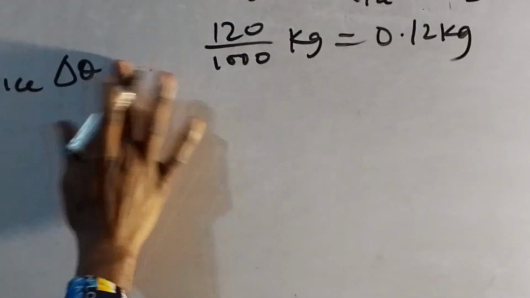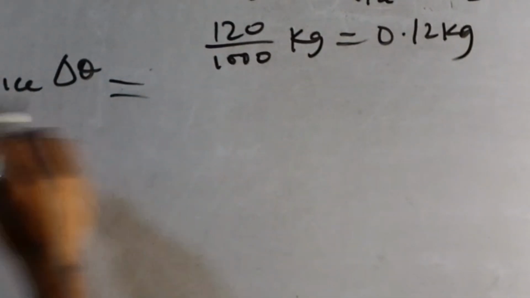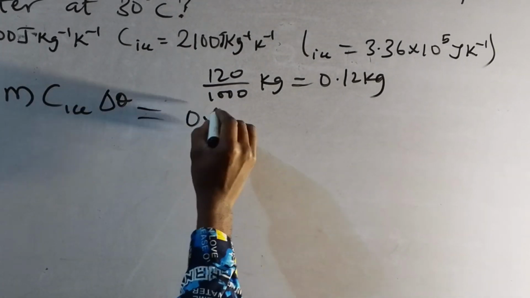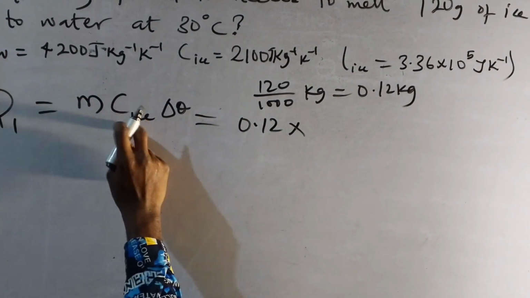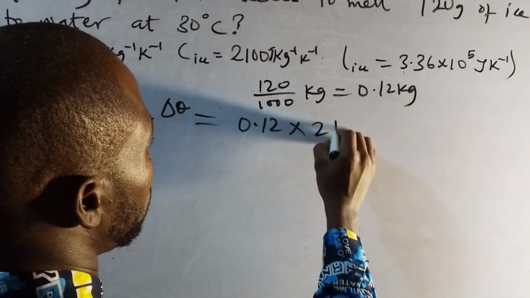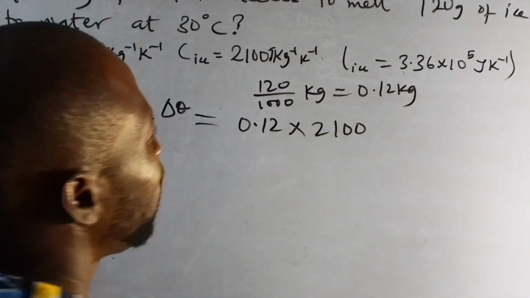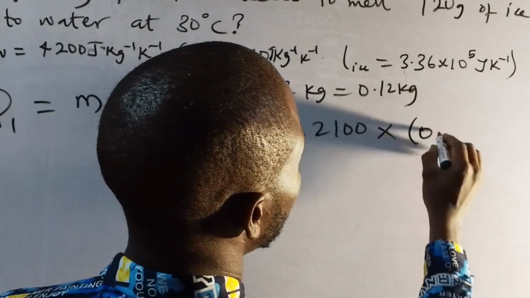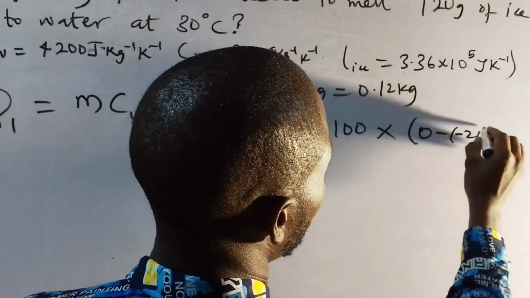So here we are going to be answering our question in kilogram. The SI unit is kilogram. So that's 0.12 times specific heat capacity of ice, given as 2100 joule per kilogram per Kelvin, times change in temperature. Final temperature will be 0 minus initial temperature of -20.